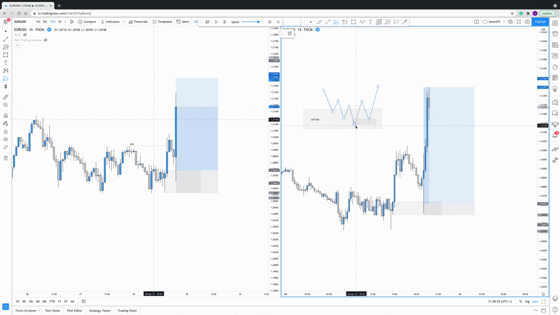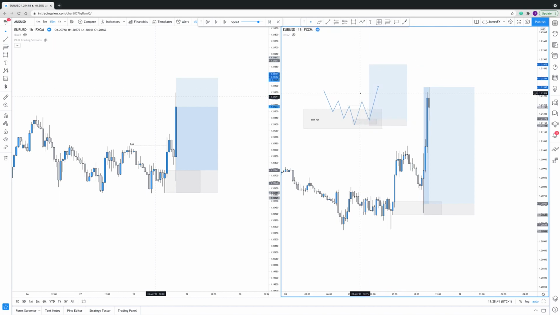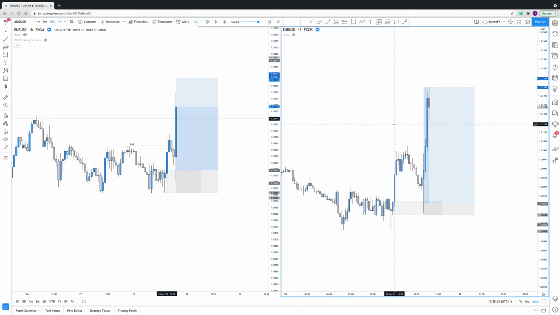We're waiting for price to show its hand, and once we get this breaker structure, we can then obviously enter. We have a very tight stop loss, and this is how we are able to get involved with like a 1, 2, or 3 pip stop loss, and then obviously have a really good risk to reward on trades. But we will get into this in later videos. But yeah, that's the second example. Let's get into another one.